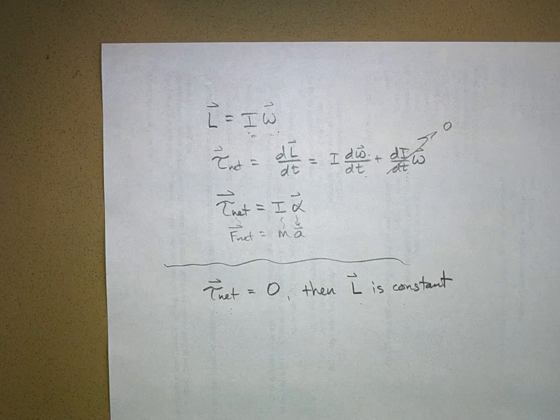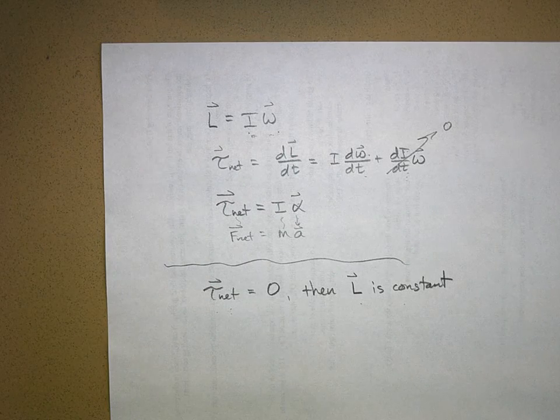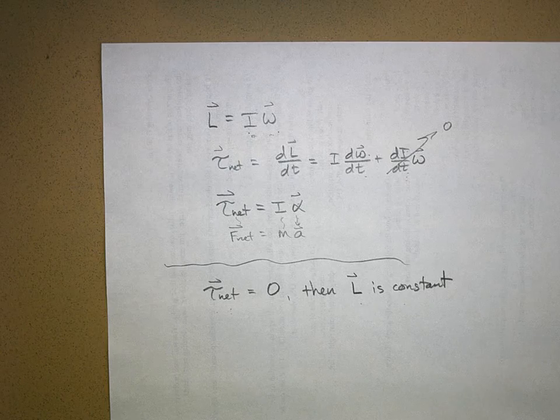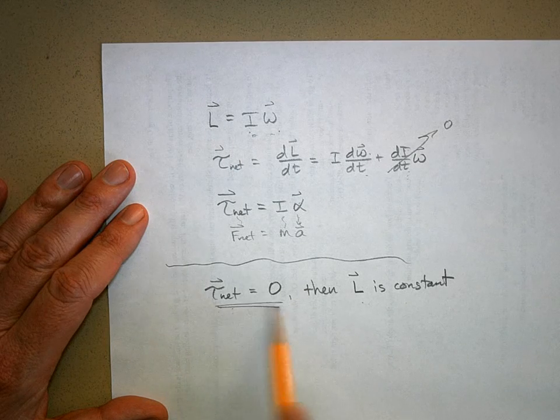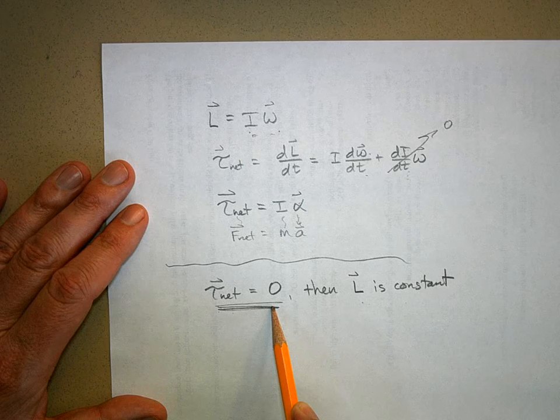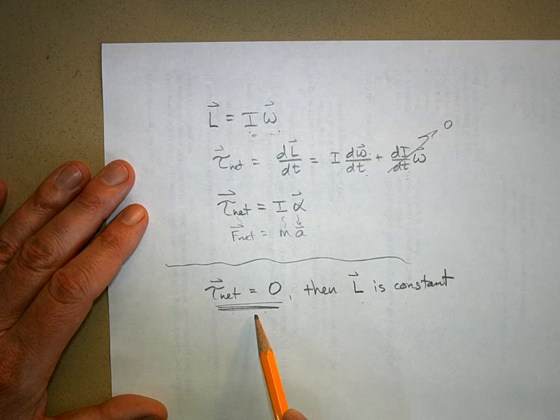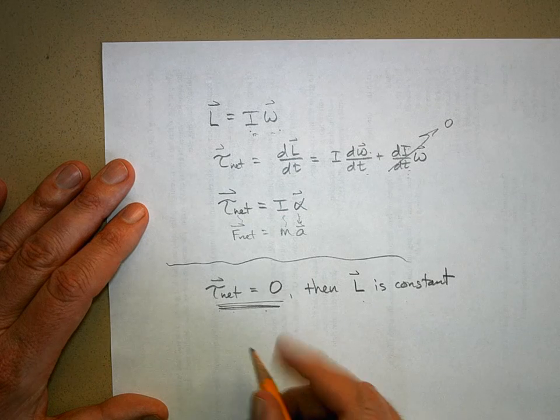It's torque that changes the angular momentum of an object, whether it's a rigid body or a system of particles. So if the net torque on an object is 0, then we can say that L is constant.